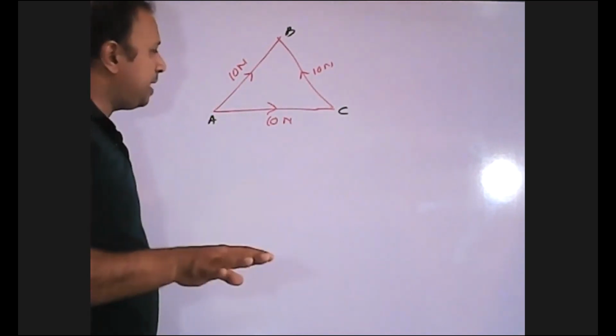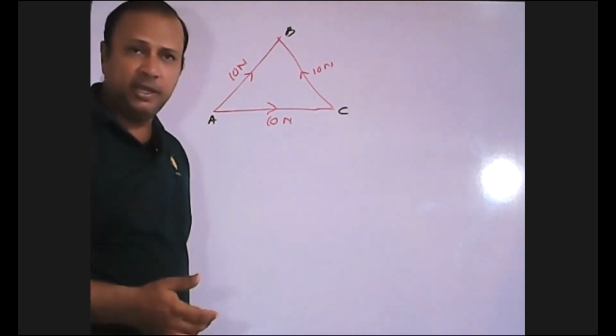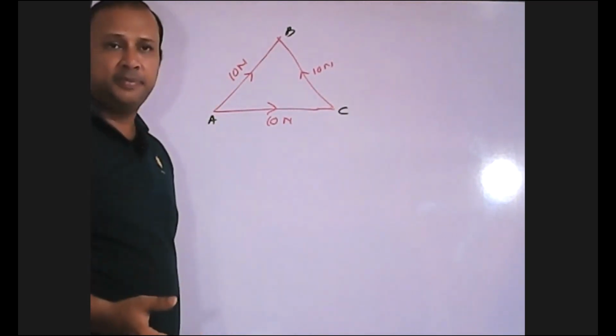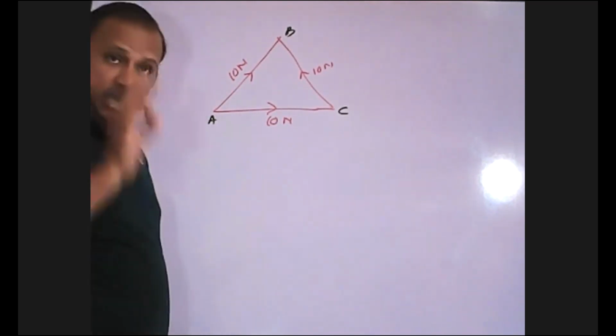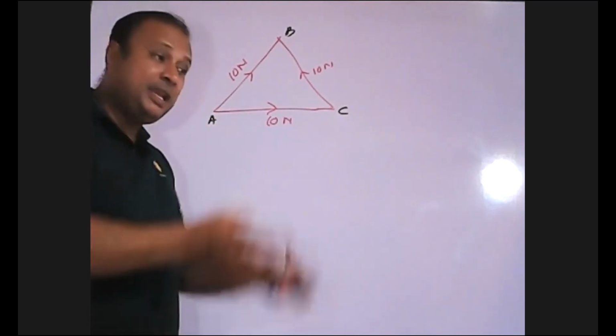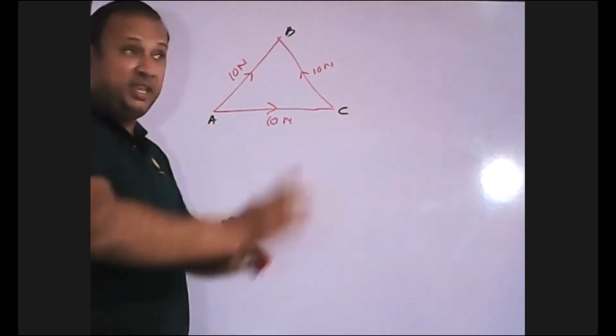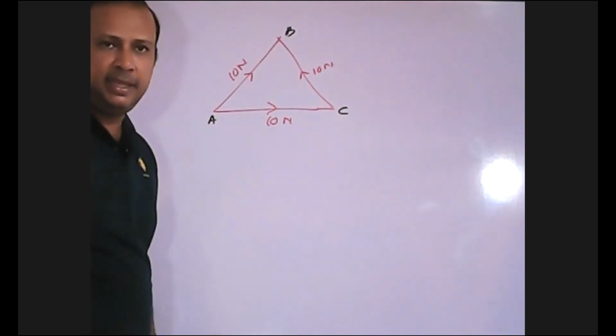That means we can apply the principle of vector addition, or the vector triangle theorem, or the vector polygon theorem. All are the same, but if any vector system is represented in magnitude and direction, then only we can apply that theorem.